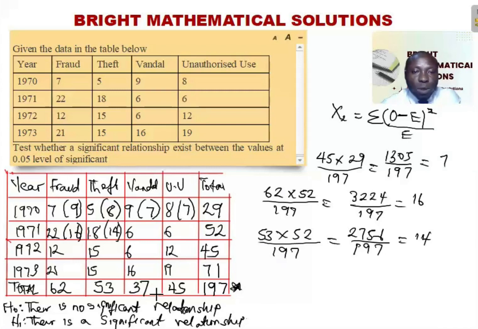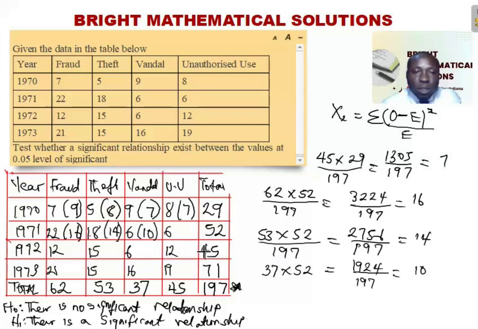So for the next one, we have 37 multiplied by 52, which gives me 1924 divided by 197. After I did the calculation and approximated, I got 10 here.